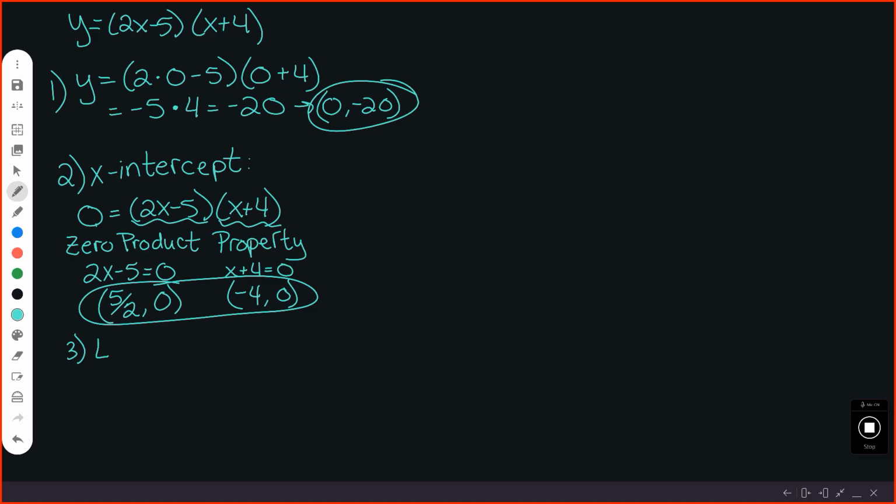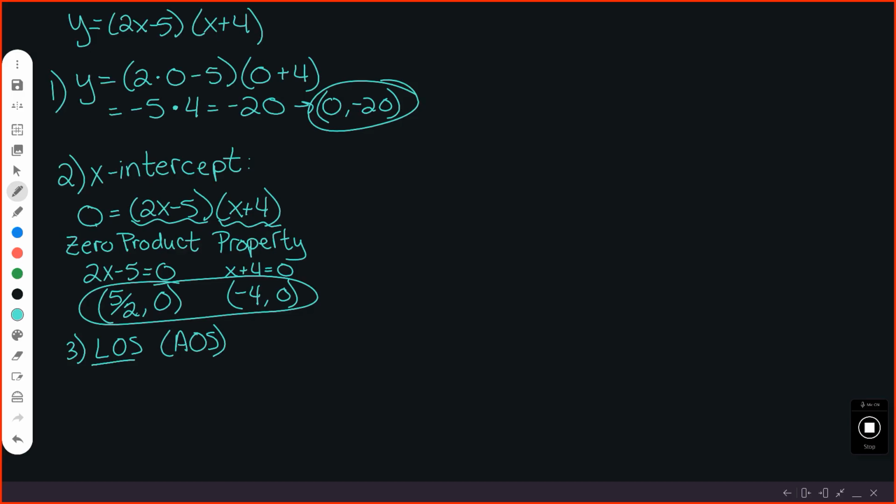So then I'm going to find the line of symmetry, which is also often called the axis of symmetry. And that's the line where I could fold my parabola in half and have the pieces line up, which means it's going to be halfway in between -4 and 5/2, which is 2.5.